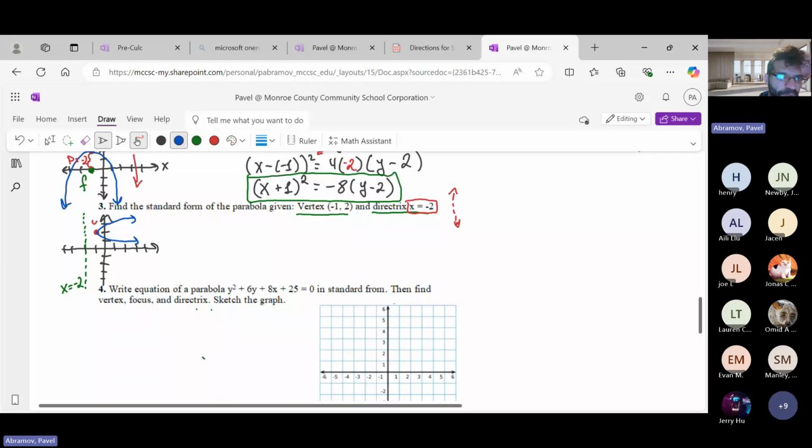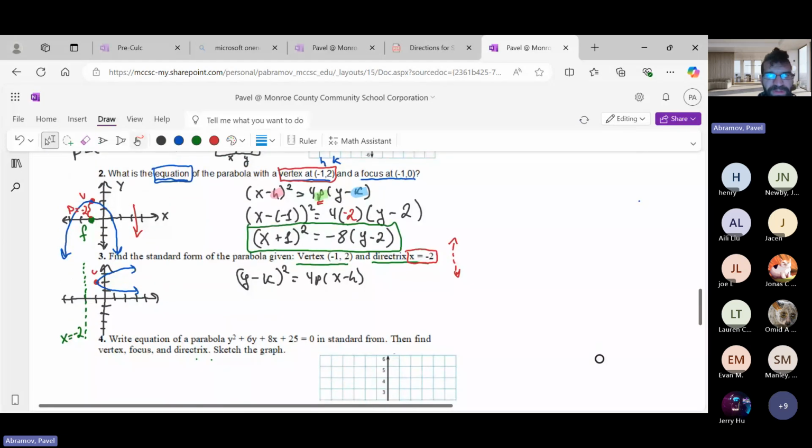And by looking at that, knowing that the parabola faces to the right, which means it opens horizontally, we're changing the form of the equation. For a horizontally opening parabola, the equation is going to be y minus k squared equals 4p times x minus h. So notice this is a different form from what we had in the previous example.